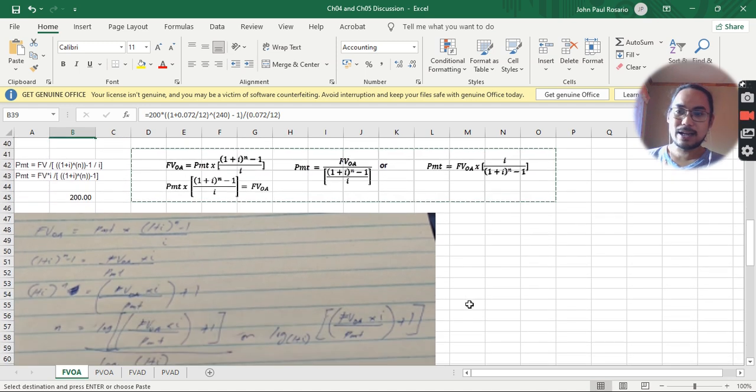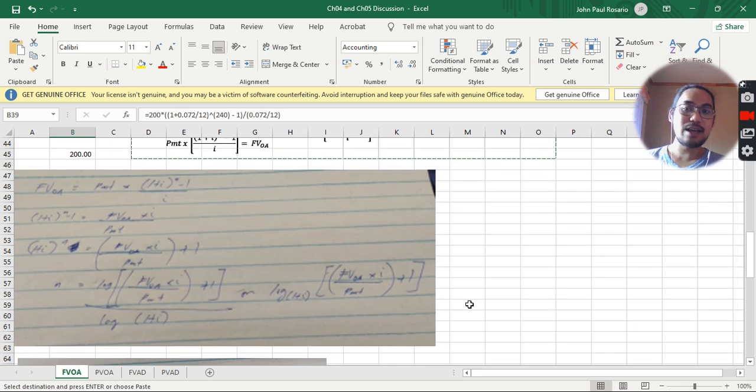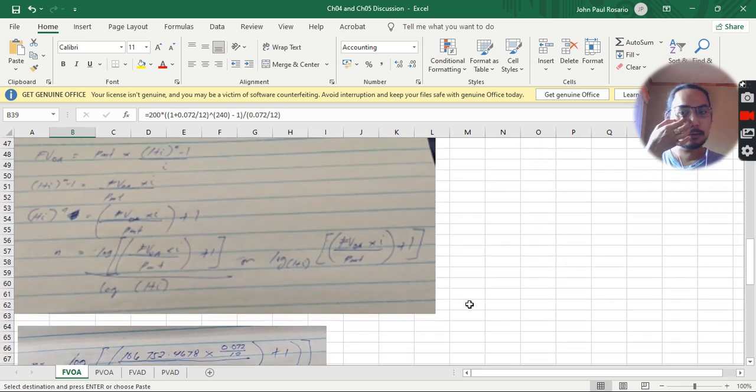So here, the formula derivation is shown. So this is FVOA is equal to payment times 1 plus I raised to the power n minus 1 over I. So we reverse the formula here. What we did on the second one is we transferred payment to the other side, so it's FVOA over payment, and we can also transfer I from the denominator to the numerator. So that's FVOA times I over payment is equal to 1 plus I raised to the power of n minus 1.